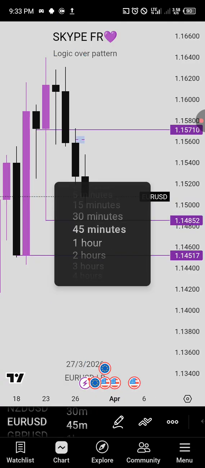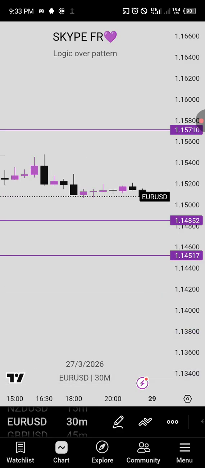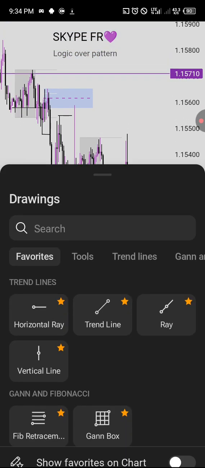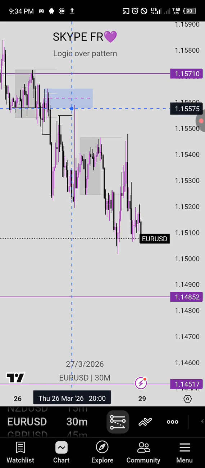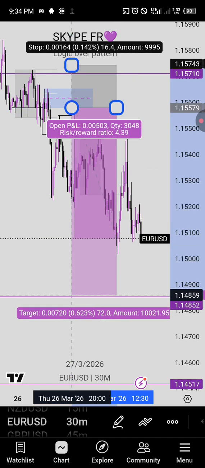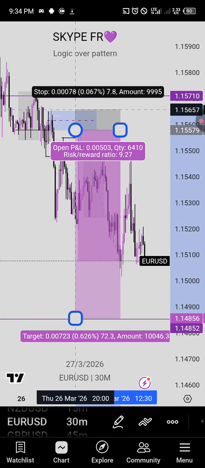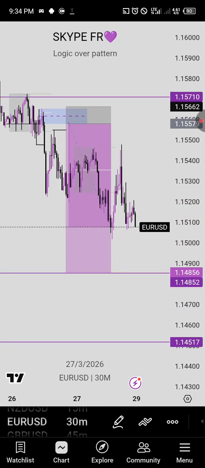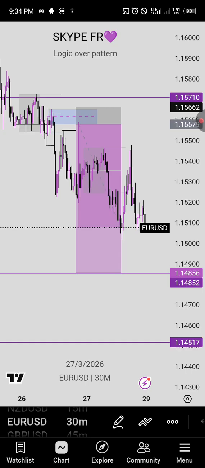So let's see what we've done so far with this. Okay, so this will be our target. You can see it's actually a nice trade, right? It was actually a nice trade.